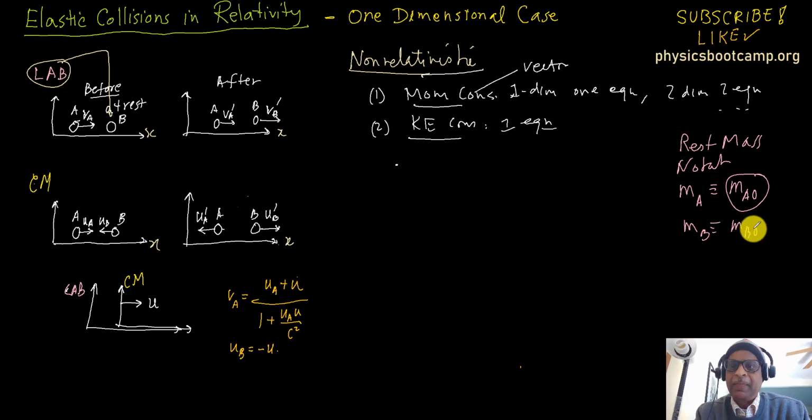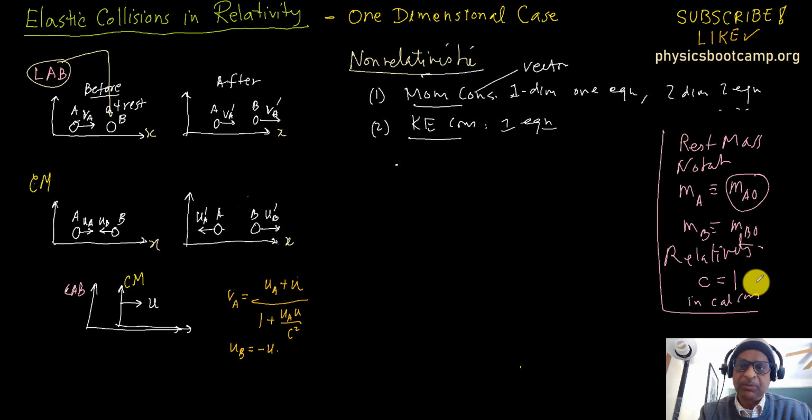When we do relativity, we're going to make another simplification in our calculation. We'll set the speed of light c equal to 1, and later on we're going to restore it in calculations. These are some of the notations we'll use later.